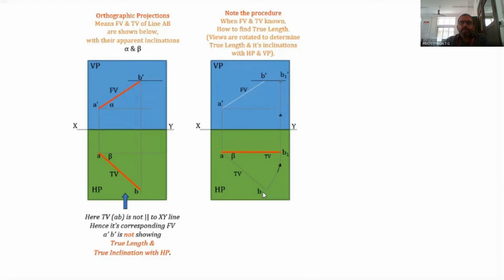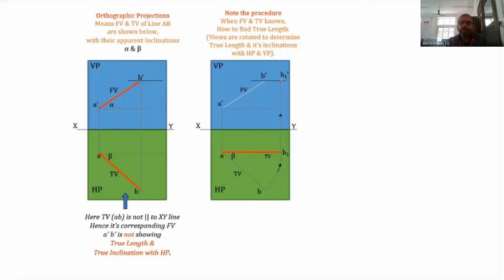Why does b1 dash come at this position? This position can be obtained by drawing a horizontal line, a line parallel to the XY line, through b dash, and taking the point of intersection of the vertical projector and this horizontal line. This point is b1 dash.